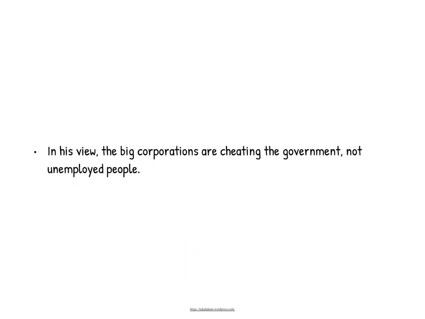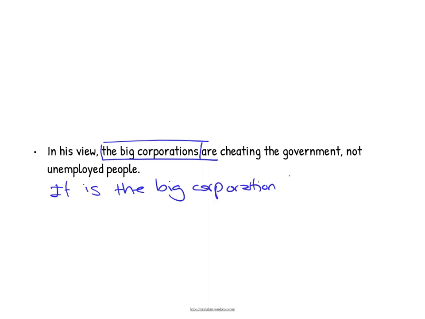If we talk about Daniel Blake again, in Ken Loach's view, the big corporations are cheating the government, not unemployed people. So if you want to emphasize this bit of the sentence, the big corporations, as you can imagine, you could say, in his view, it is the big corporations that are cheating the government.